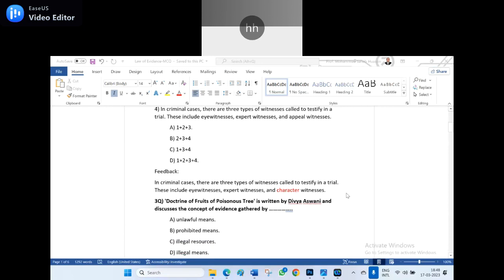Now the third question, unmute and read. Doctrine of Fruits of Poisonous Tree is written by Divya Ashwini and discusses the concept of evidence gathered by option A, unlawful means, option B, prohibited means, option C, illegal resources, option D, illegal means.